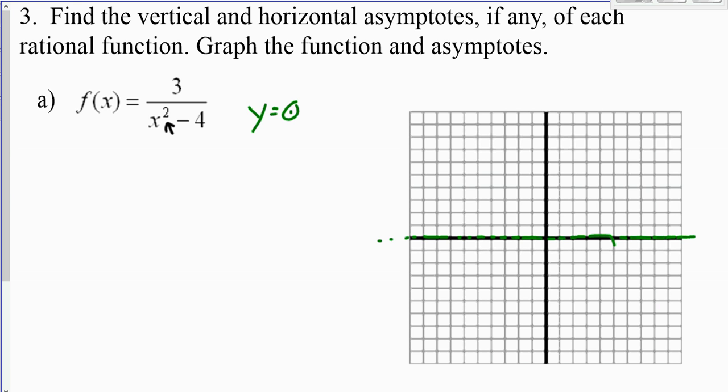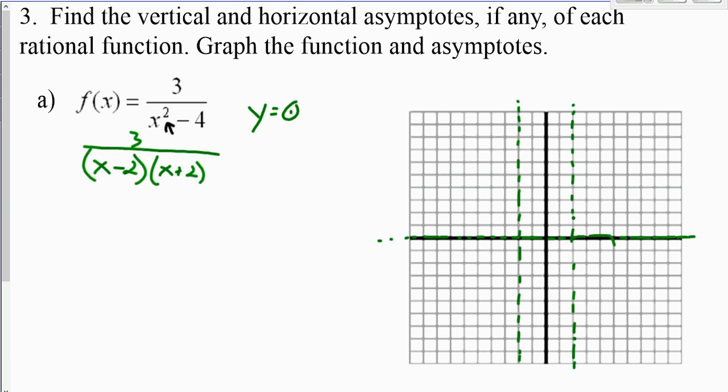Well, I want to find my vertical asymptotes too. So that's going to be factoring the denominator, and I get 3 over x minus 2 times x plus 2. Well, that's going to give rise to one at 2 and one at negative 2.